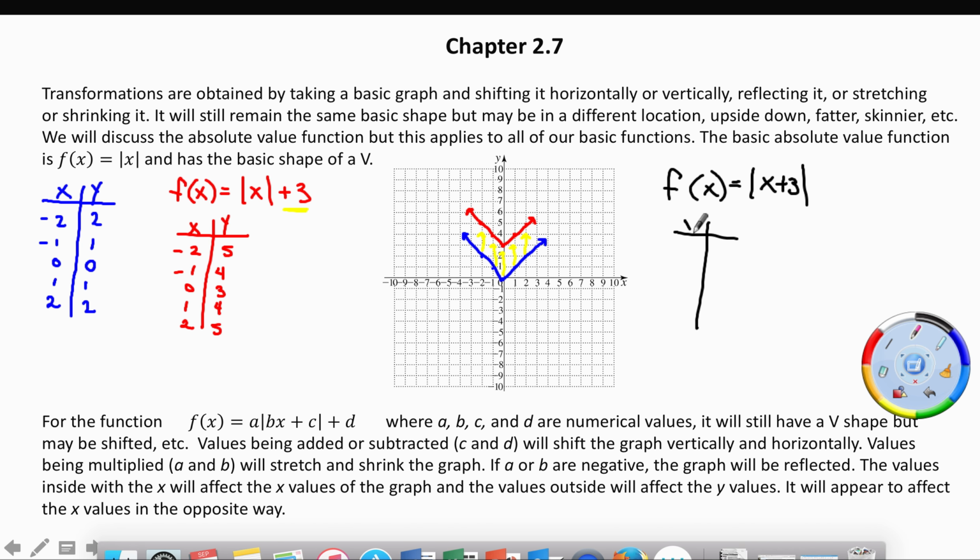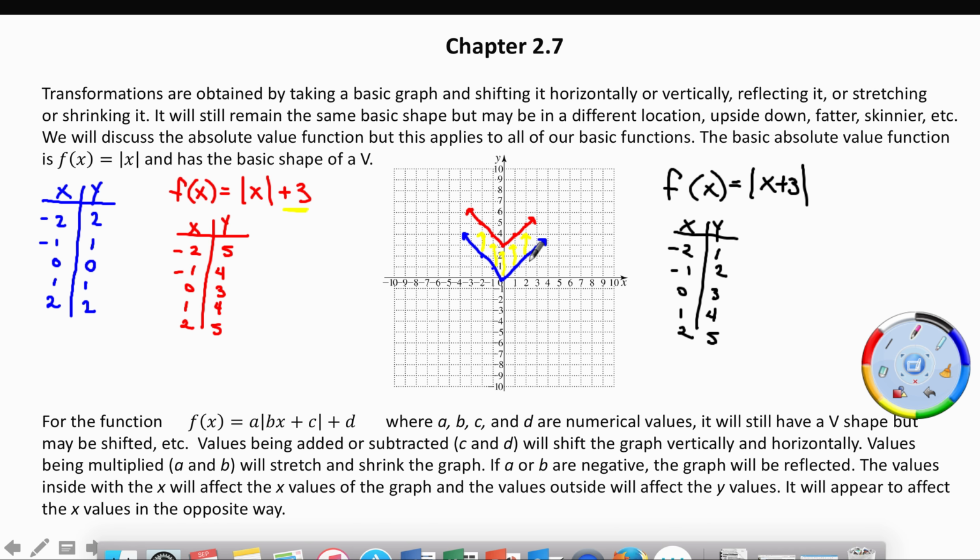I'm going to start with the same idea, plot a bunch of points, but this time -2 plus 3 is 1, absolute value of 1 is 1. -1 plus 3 is 2, absolute value of 2 is 2. 0 plus 3 is 3, absolute value of 3 is 3. 1 plus 3 is 4. 2 plus 3 is 5. And I get these points.